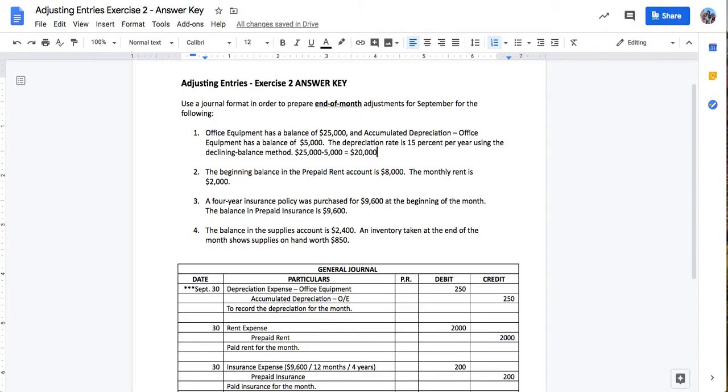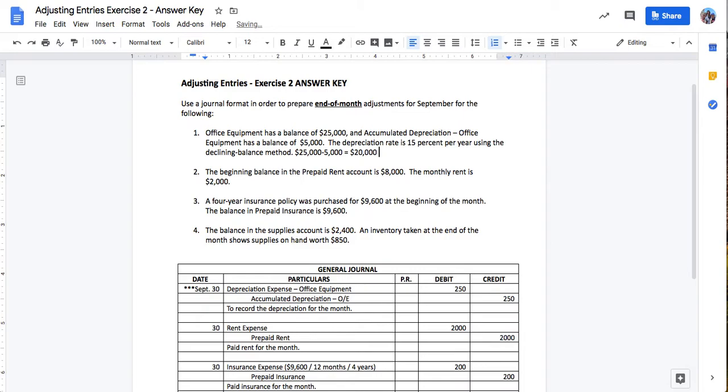Now I see that I depreciate at 15% per year using the declining balance method. The declining balance method is important to know versus straight line, but again, I will explain that in another tutorial. All of the journal entries I will be doing will follow the declining balance method so that we can follow this structure every single time. So we have a book value of $20,000.